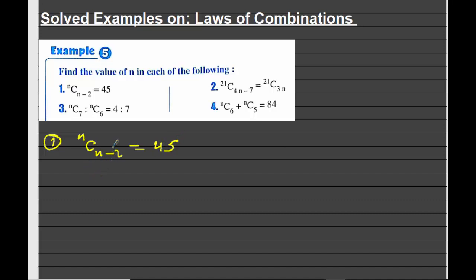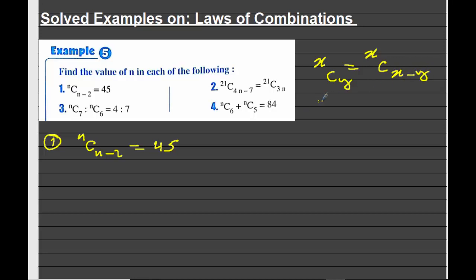So first, I will simplify the left-hand side. How? We know that if we have xCy, here it is a combination, it is equal to xC(x-y).